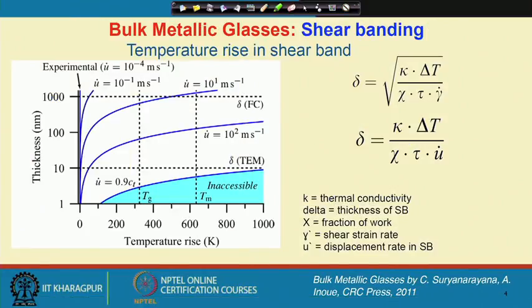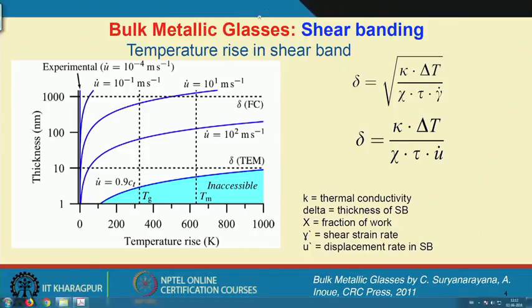Since it is an adiabatic process, the formation of shear bands occurs very rapidly, and strain is localized very rapidly, in the order of some milliseconds. So if we convert this energy, how much may the temperature rise?